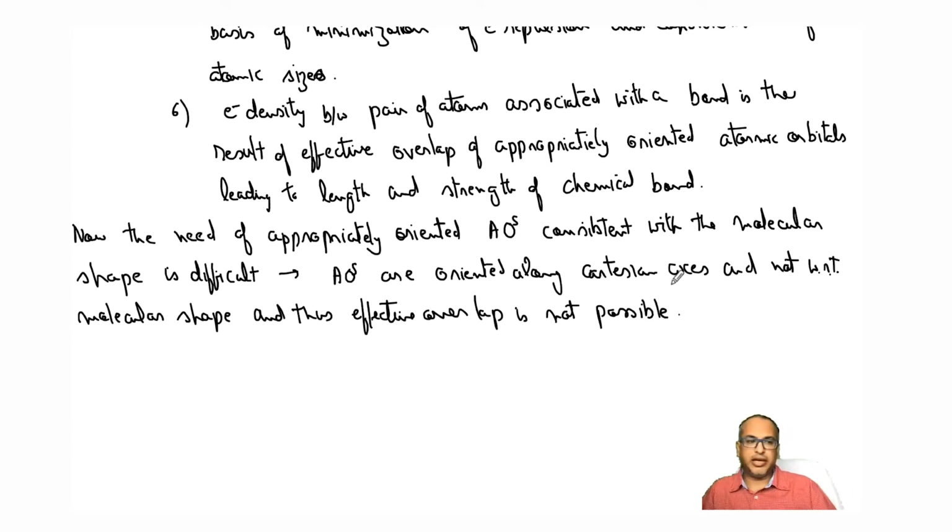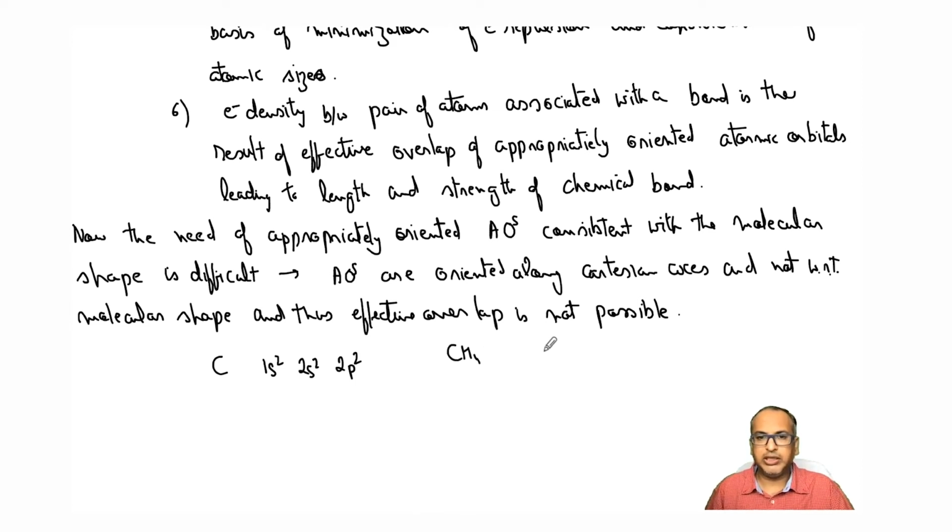So let us consider a case of carbon. So the electronic configuration of carbon can be understood as 1s2, 2s2, 2p2, right? Now I'm trying to form bonds in CH4. We know that the shape of the molecule is tetrahedral. So that means all four C-H bonds must be equivalent.